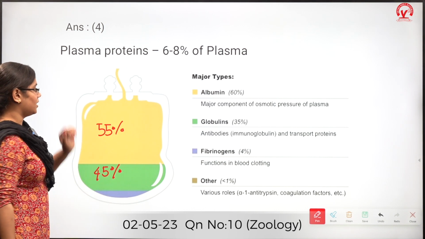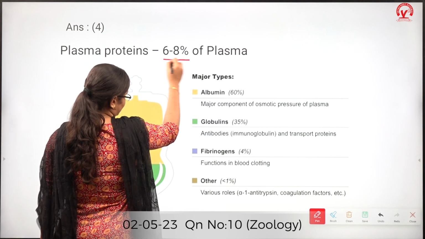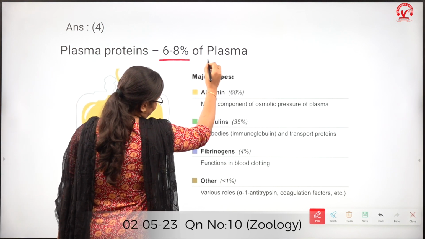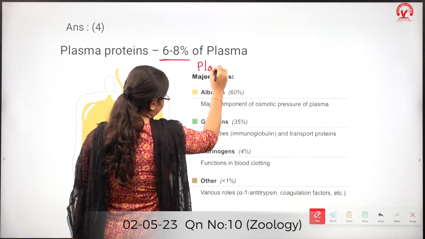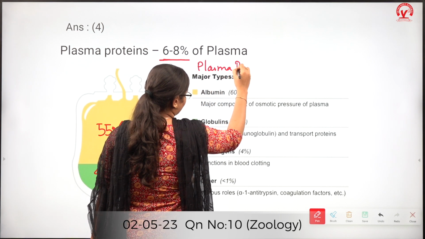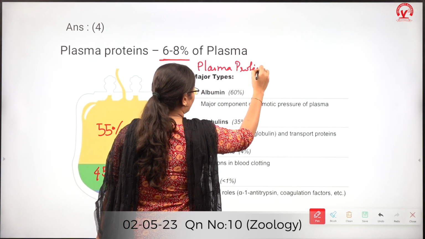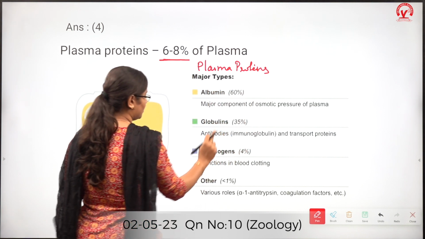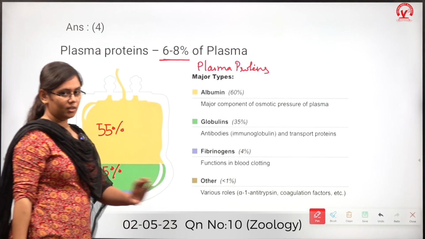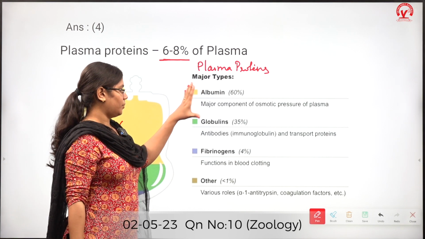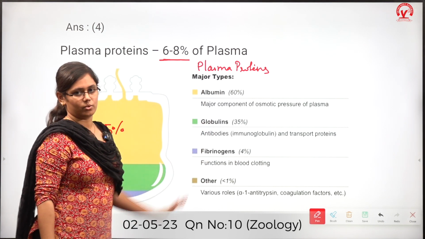Among the 55%, about 6 to 8% is contributed by the plasma proteins. The plasma proteins are albumin, globulin, fibrinogen, and other small proteins are also present. The major proteins are albumin, globulin, fibrinogen.